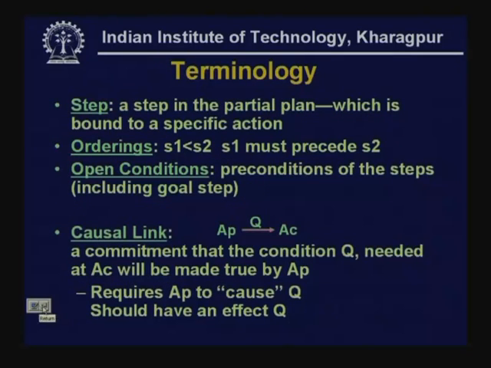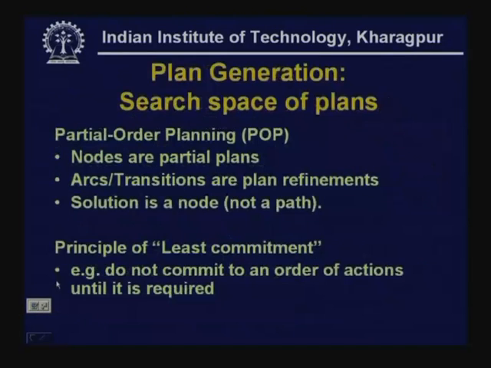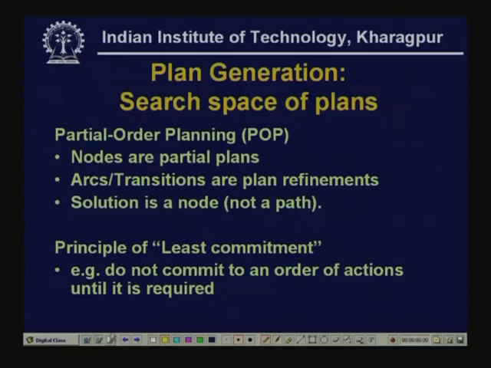So, before we continue on this, if you remember the simple socks and shoes problem, putting on socks and putting on shoes, that we mentioned in the last class. You remember our objective is to put on the left sock, left shoe, right sock and right shoe.